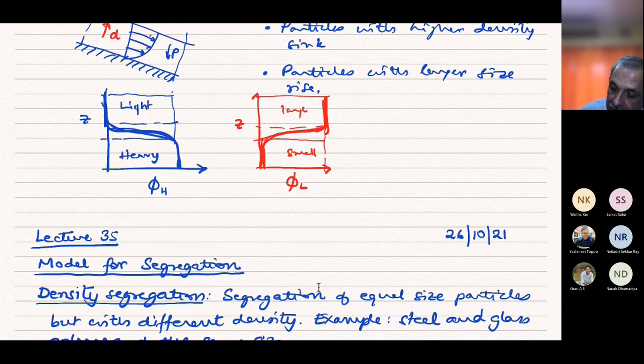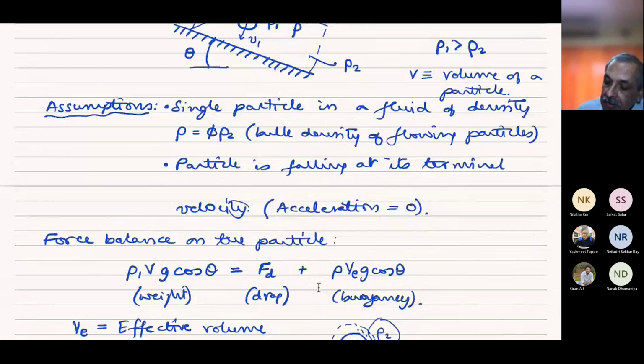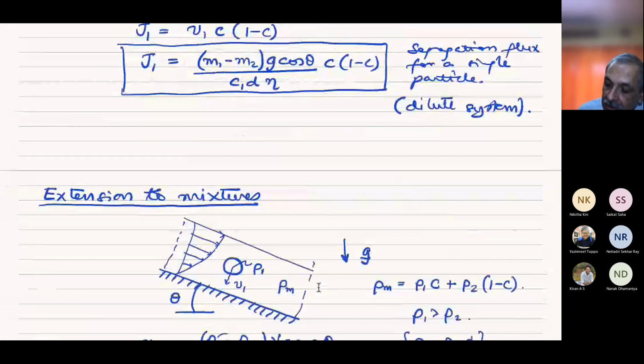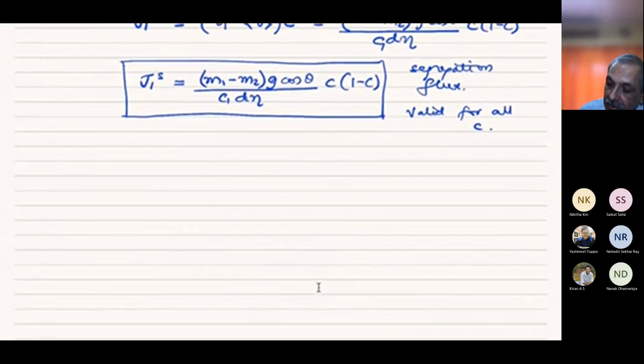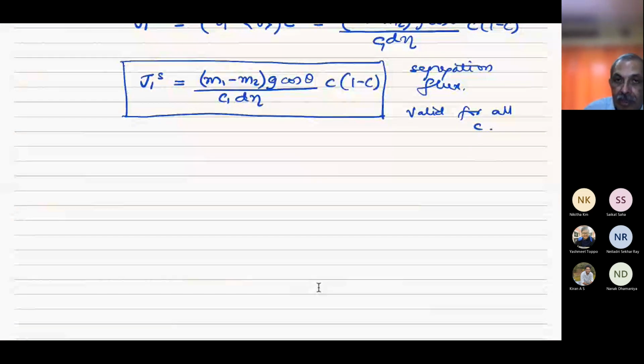There is pure light, pure heavy, but then there is a mixture also in between. So in the interface region, things are mixed. And the reason that happens is because in addition to the segregation flux, you also have a mixing flux, a diffusive flux.